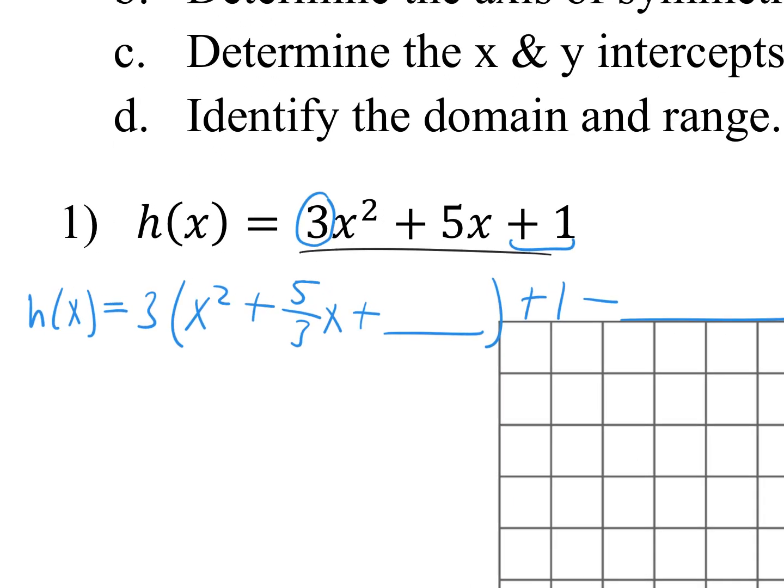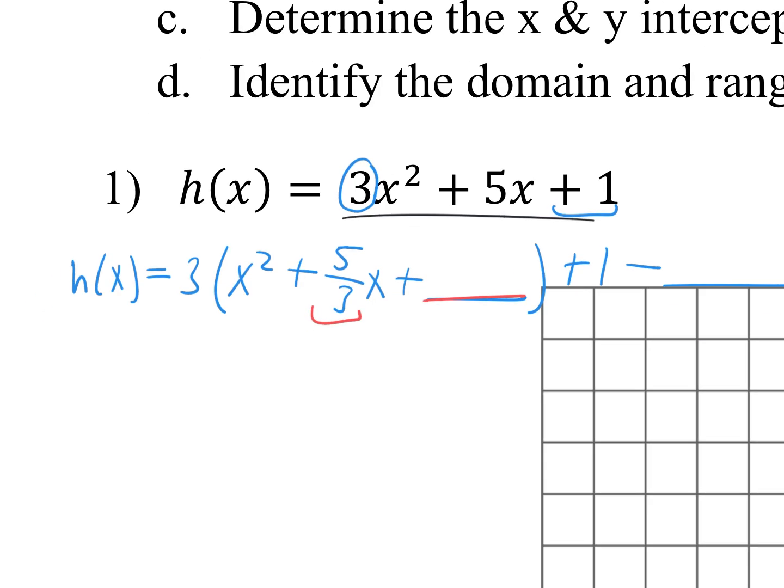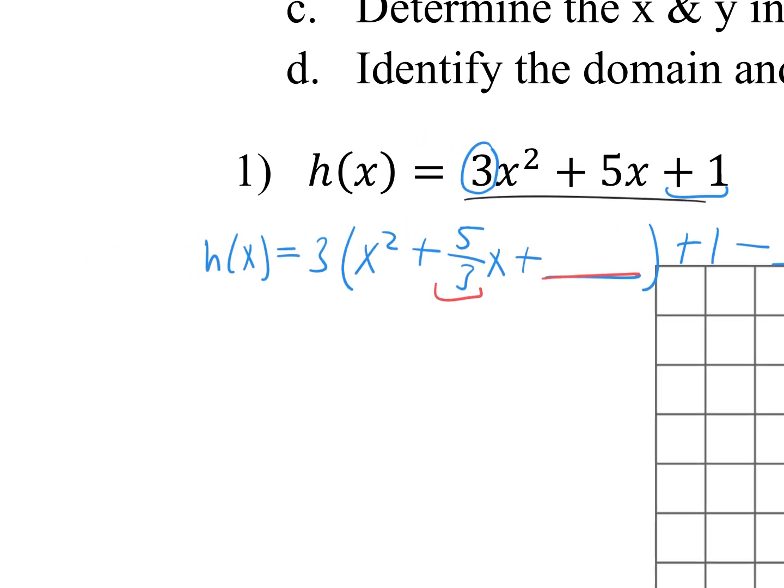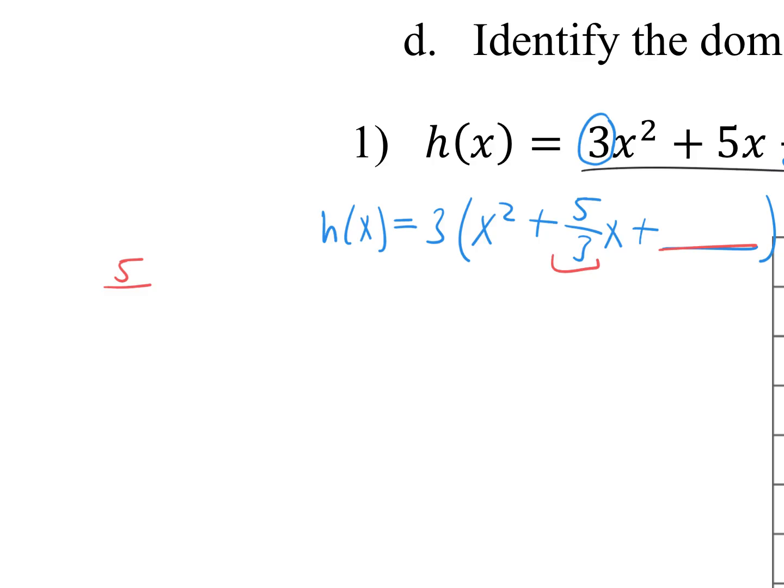All right? Now the next task is to figure out what actually goes inside of that little space. How would I figure that out? Yeah, so take your middle number, divide by 2, then square it. Or you can multiply it by a half. Sometimes that's what I like to do just so that it's a little bit easier. If you did 5 over 3 divided by 2, you would have to keep change flip regardless, right?